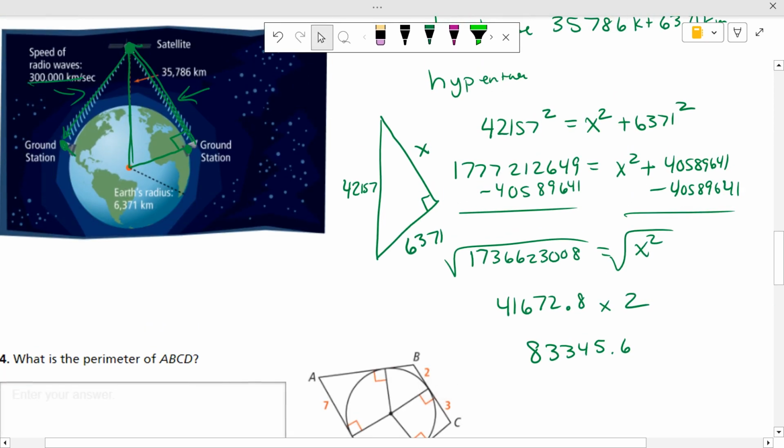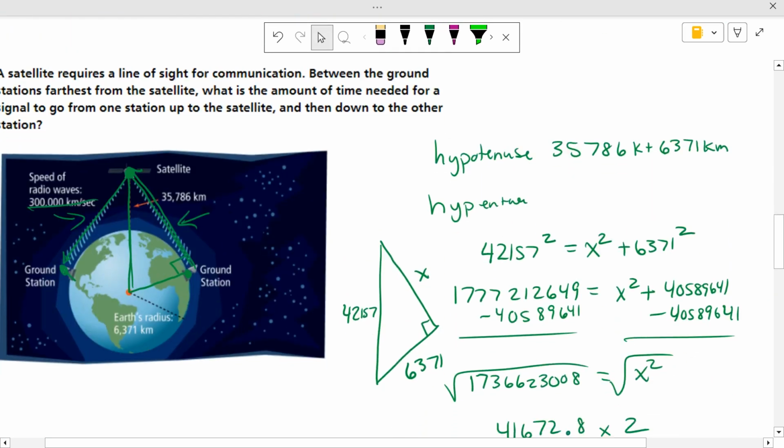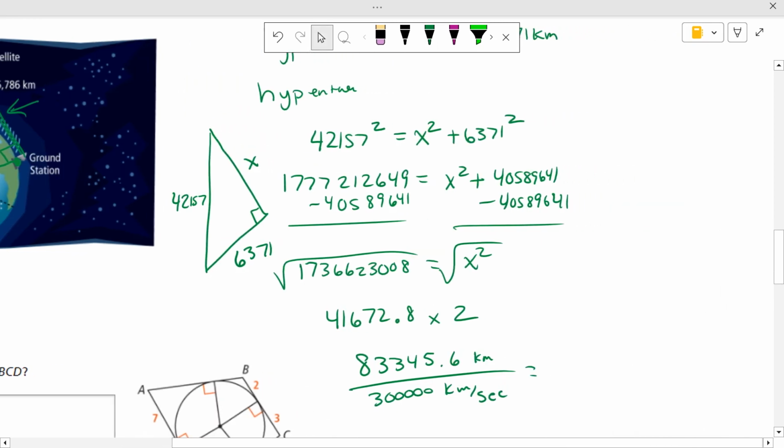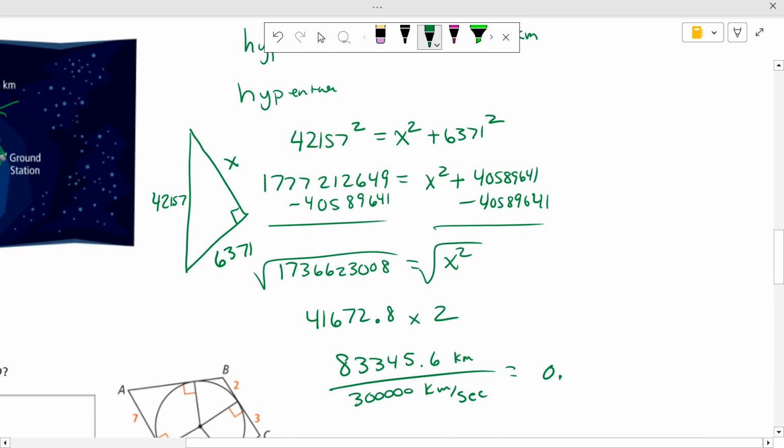Now, radio waves go at 300,000 kilometers per second. Okay? So if this is the number of kilometers it is, and we divide it by 300,000 kilometers per second, we find the number of seconds it takes, which is 0 point something.